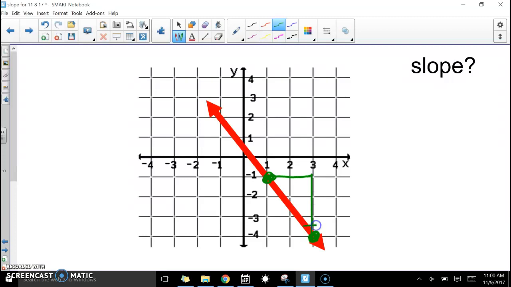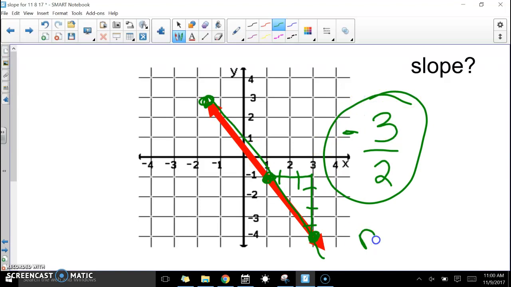Okay, so I rise 3, and I run 2. 3 over 2 does not reduce down, so it stays the same. All right. The next thing you ask yourself is, is this slope positive or negative? If I start from the left and I go right, I'm going down. So it's a negative slope. So m equals negative 3 over 2.